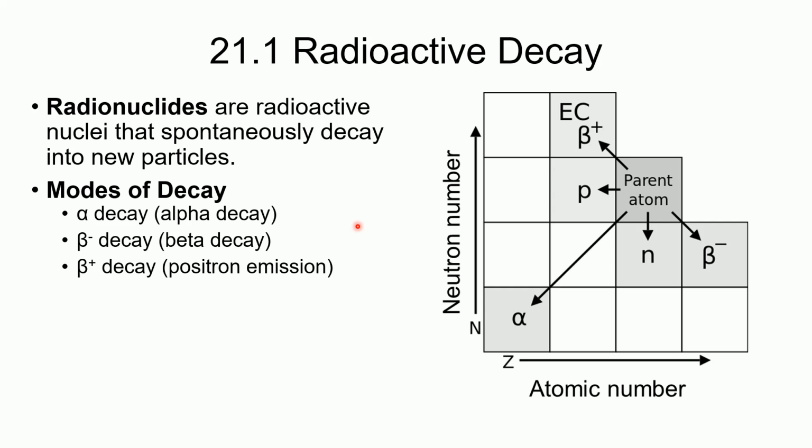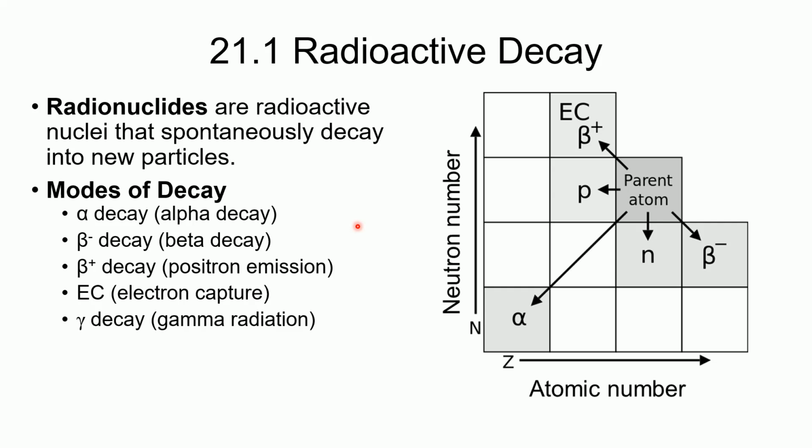If it says beta plus, that will mean positron emission. In this textbook, it uses just beta to mean beta decay, and it does not use beta plus to indicate positron emission. It just says positron emission. So we'll talk about that here in a minute. But in most textbooks, beta plus is positron emission. EC is electron capture.